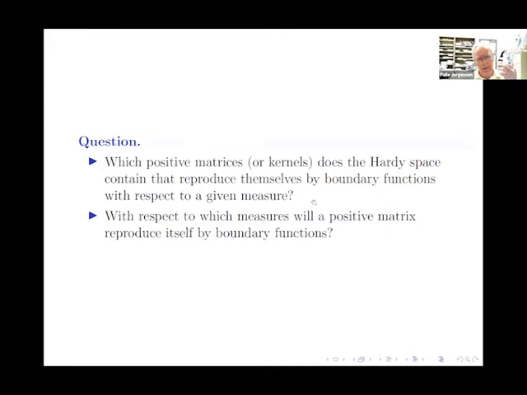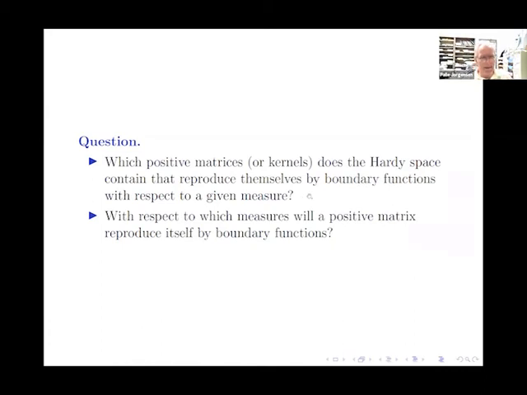And so the question of studying subspaces of the Hardy space like this connects to work by Alpi and his collaborators, and de Branges spaces, and so on and so forth.